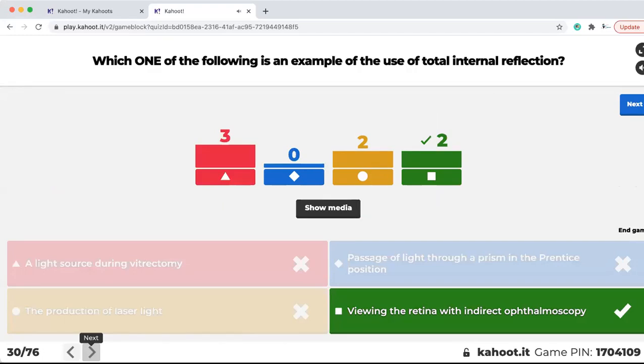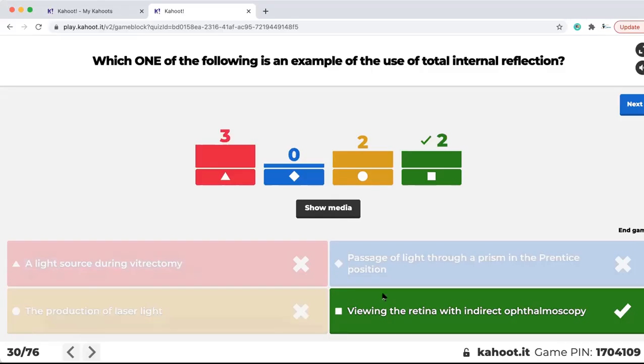Okay, so we have very confusing options here, really. Regarding the total internal reflection, which one of the following is true? A light source during vitrectomy can be considered an example of total internal reflection, as the light will pass through fiber optics until it reaches the probe that enters the eye and illuminates the retina. So this can be considered the right answer.